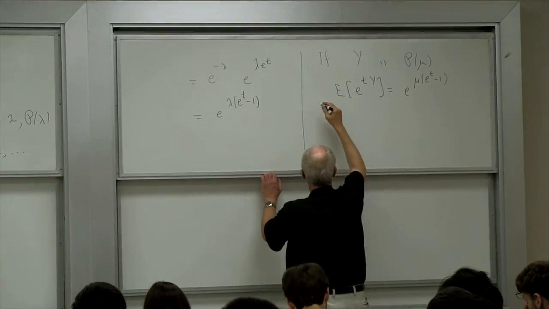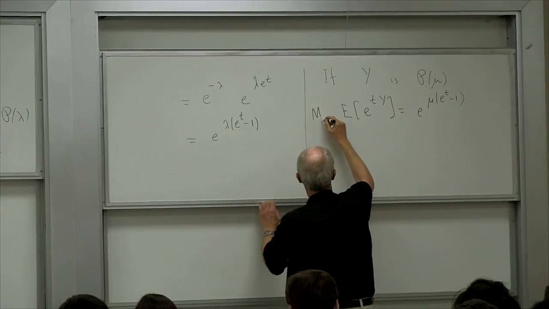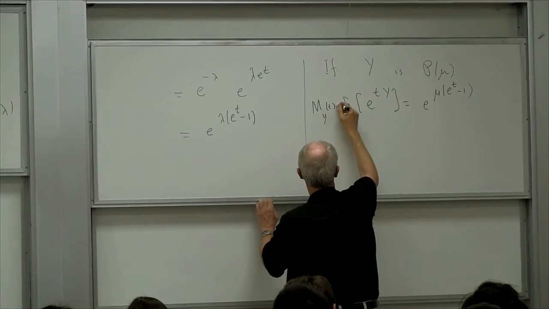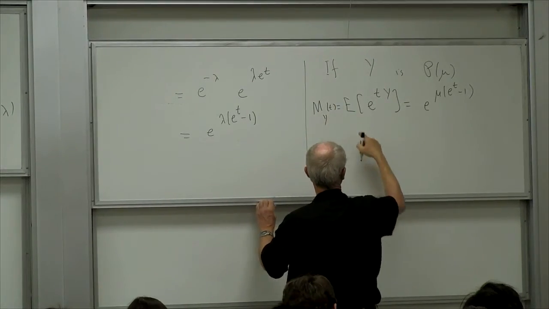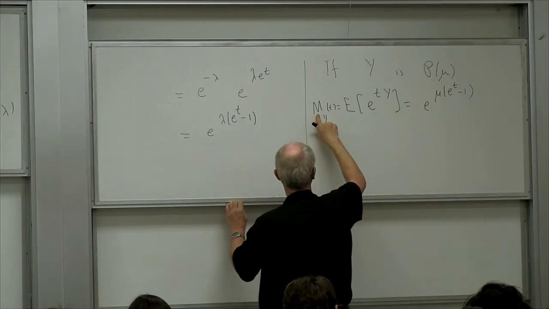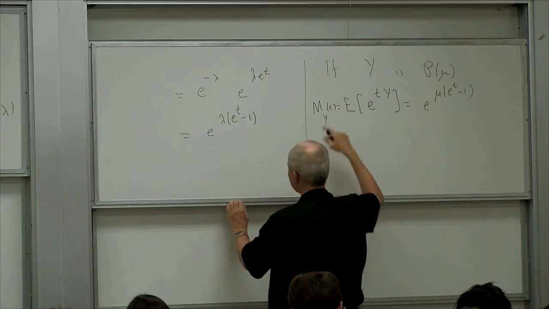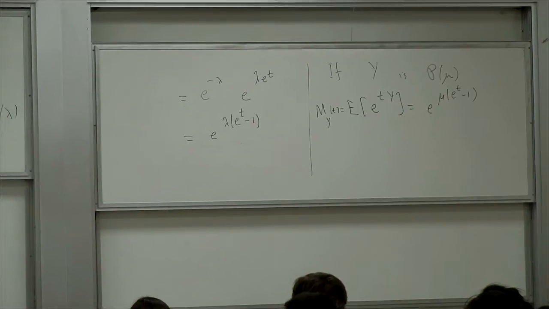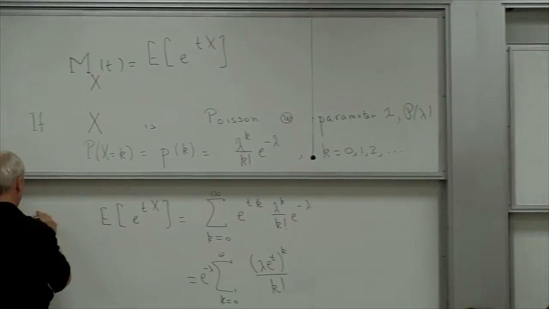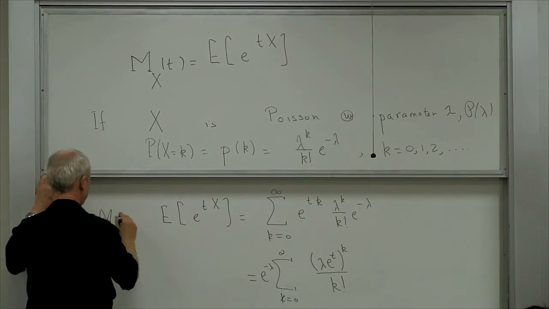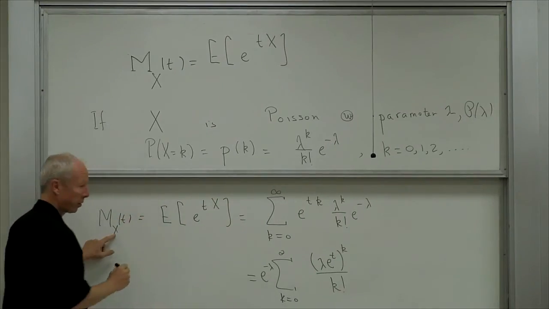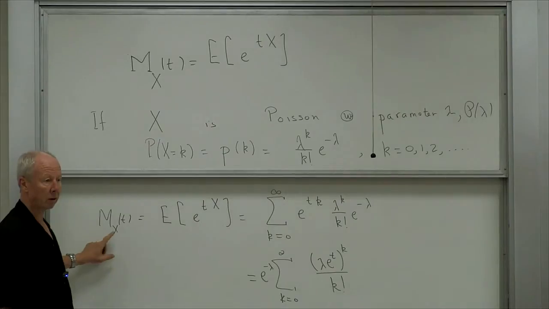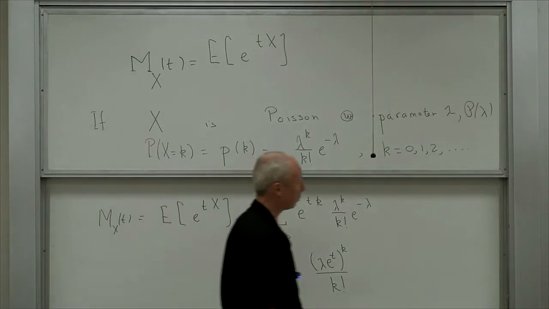And we'll use the notation capital M sub capital Y of t and read this as the moment generating function of y at t. And here's the moment generating function for x. Sometimes we drop the subscript if it's clear we're only working with one. I'm going to start working with a couple.